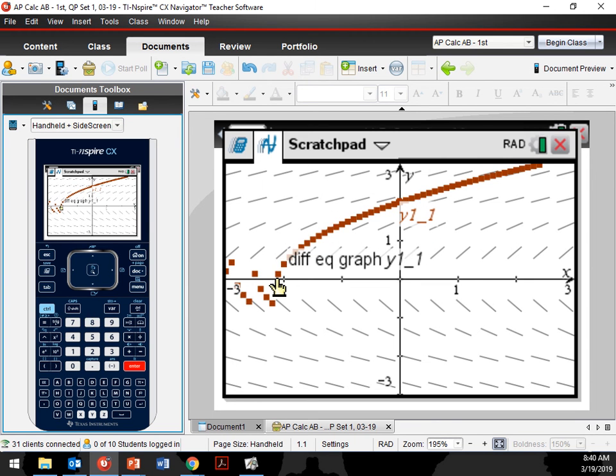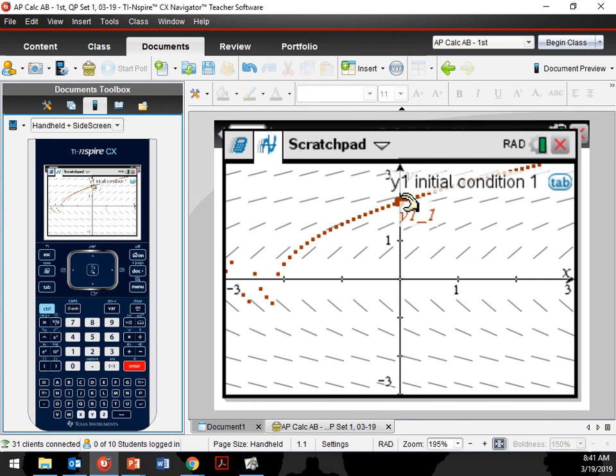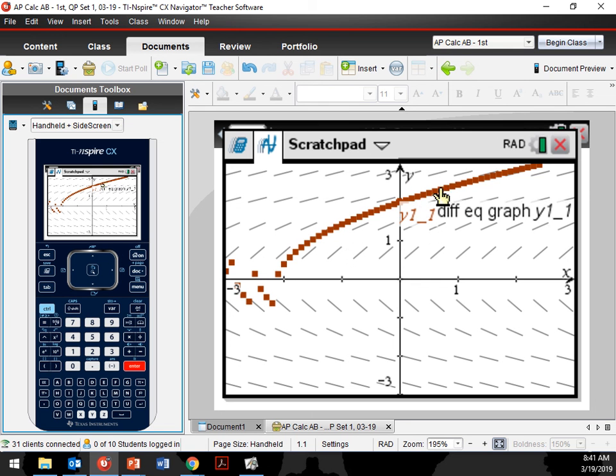If you notice, it starts over here, and then it follows all these slopes as it's going, all the way to here. Does that make sense? So it follows this right here. So I have a particular solution, which is right here.